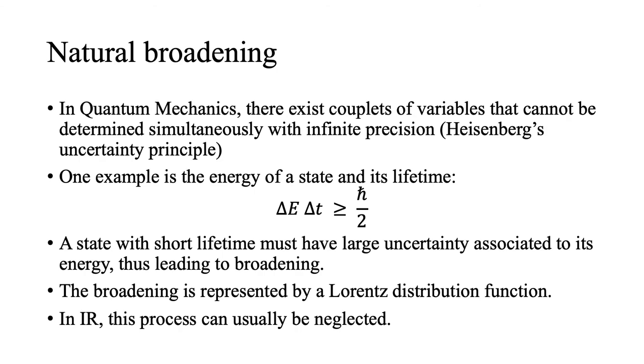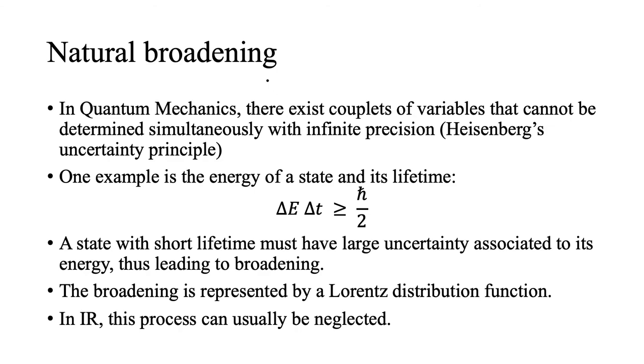You're probably familiar with the so-called Heisenberg's uncertainty principle. The uncertainty principle says that you cannot observe the position and the velocity of a particle with exact precision at the same time.